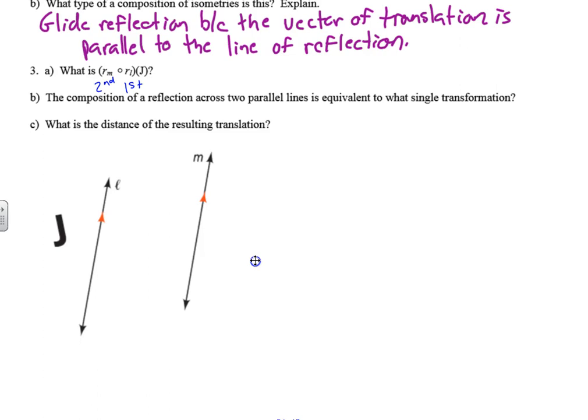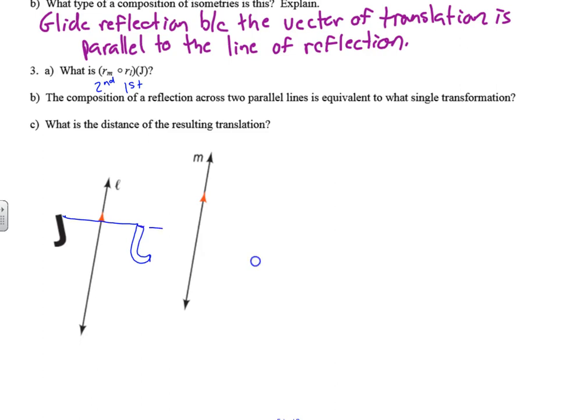Well, let's see if we can kind of draw this. Again, the line of reflection is the perpendicular bisector. So it would look something like this, right?